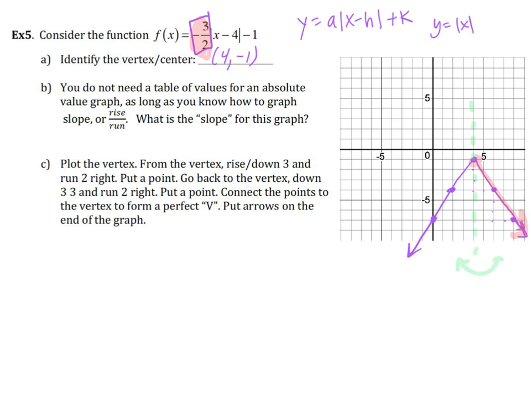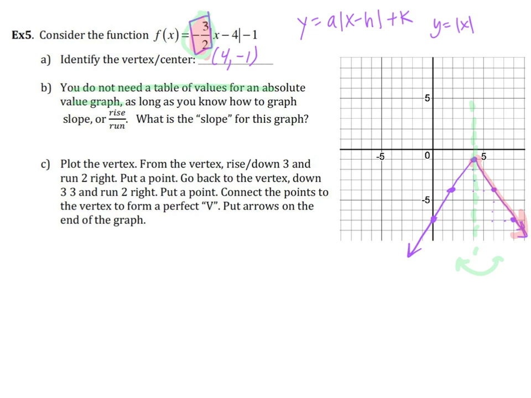Then we're reflecting it. So we don't need a table of values for the absolute value as long as you understand how to do the slope, but you have to go to the right of the vertex and implement whatever slope is given. It must be to the right only, and then you reflect that over whatever the vertex is to see from there.